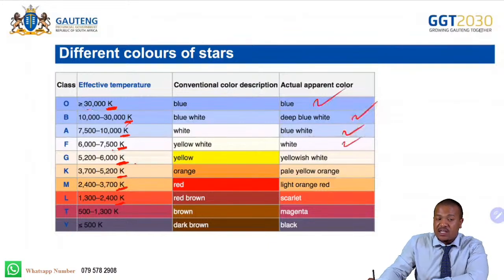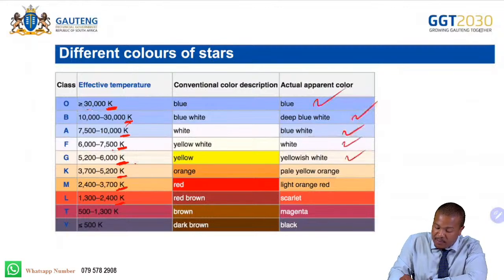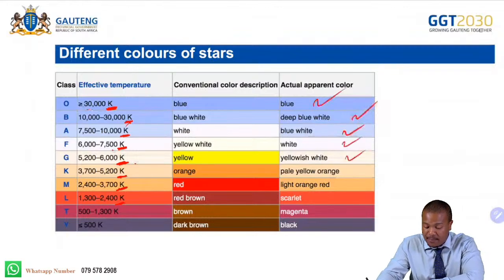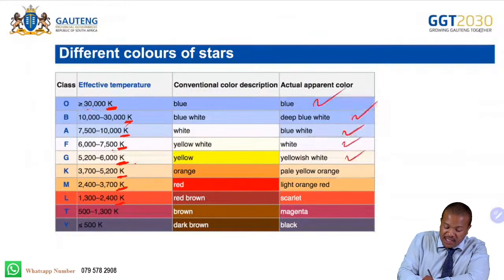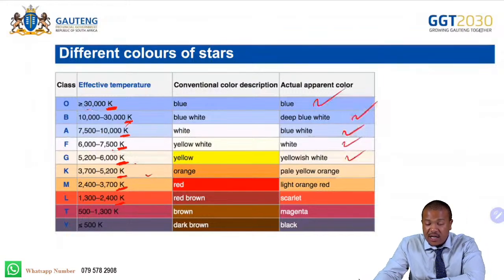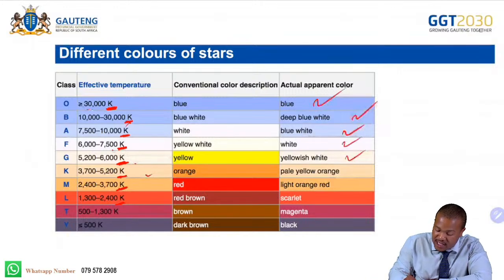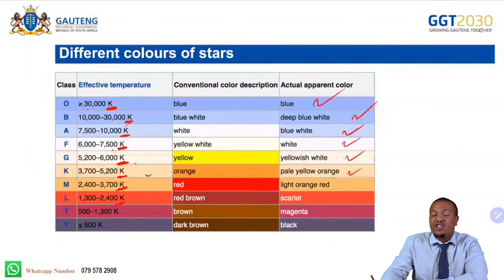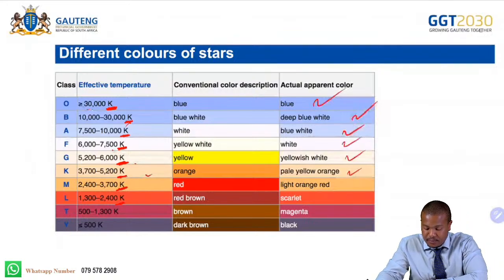From 5,200 to 6,000 Kelvin, stars that appear yellowish white. But in class K, we find 3,700 to 5,200 Kelvin, stars that are pale yellow orange in color.